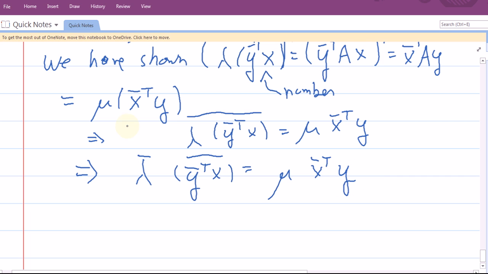Okay, I can also factor the complex conjugate in here, and so I get lambda bar times y transpose x conjugate is equal to mu times x conjugate transpose y.